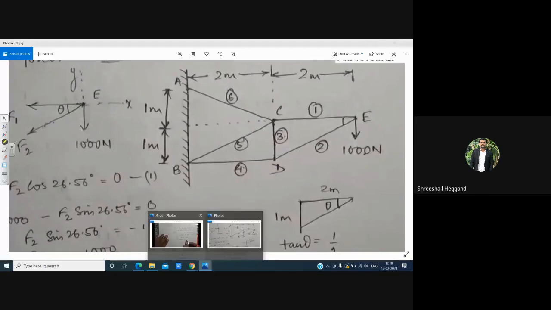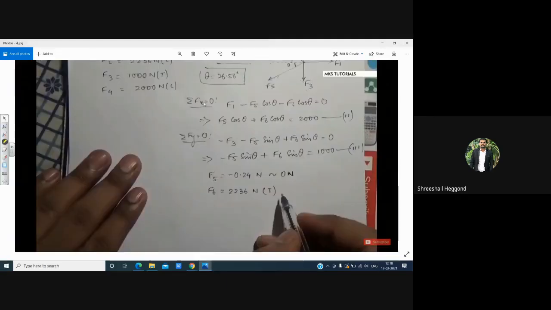So F5 and F6 will be negative values. Summation of Fx equals F1 minus F5 cos theta minus F6 cos theta. In this, F1 is a known value, F5 is unknown, and F6 is unknown. Therefore, the equation can be kept as it is. We cannot solve directly, so write the equation as it is.